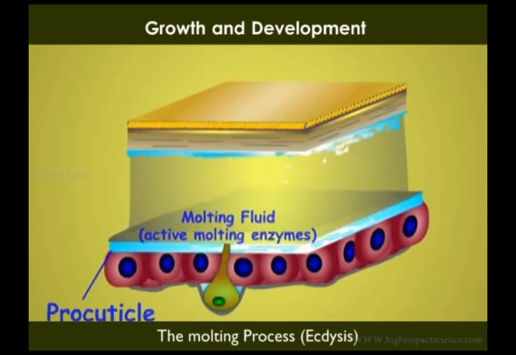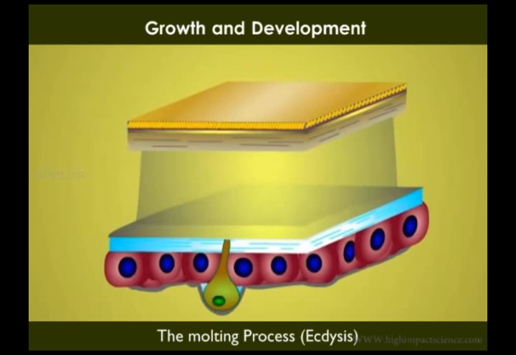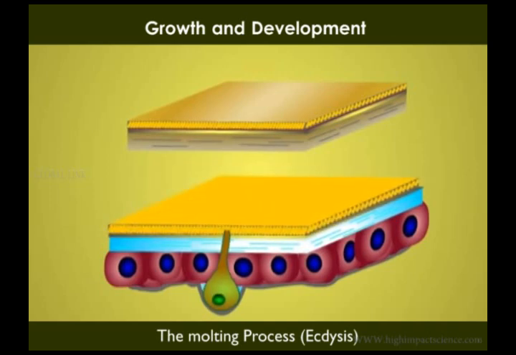This continues until it reaches the old exocuticle, which is resistant to enzyme action. The remaining molting fluid is absorbed. New layers of endo and exocuticle are deposited by the epidermal cells.